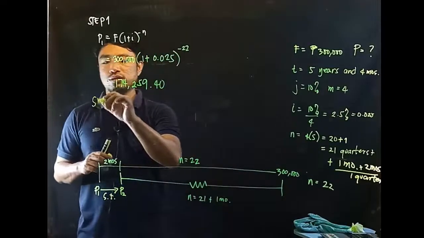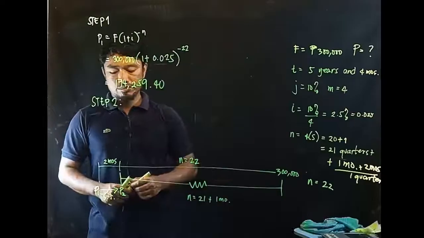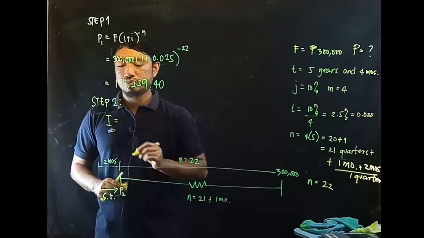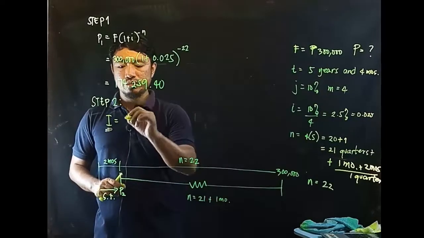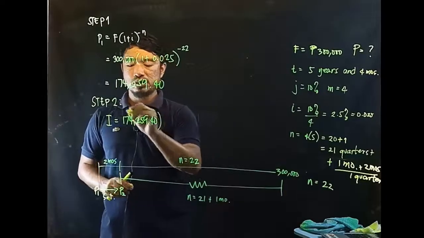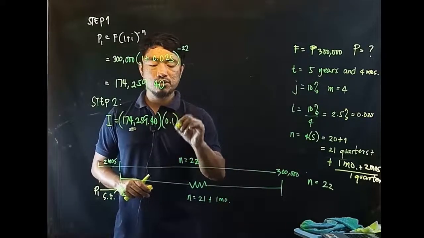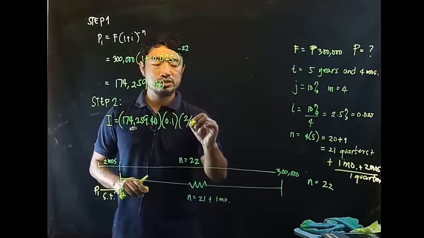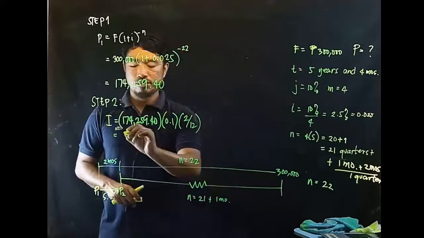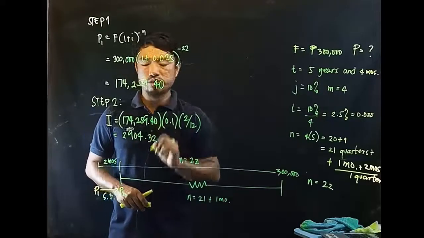And then for step 2, the interest gained in this period is equal to, so we're going to use 174,259.40 as the principal amount times the interest rate per year, 10%, over a period of 2 months, 2 over 12, equal to 2,904.32.